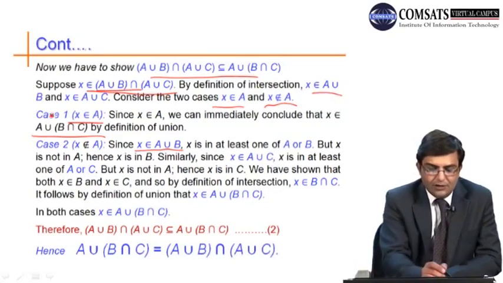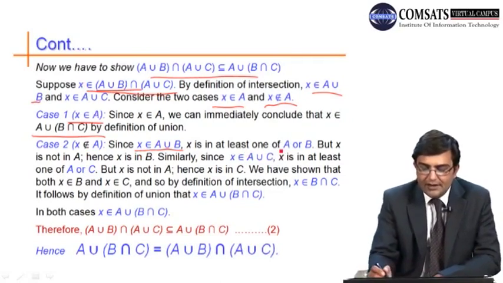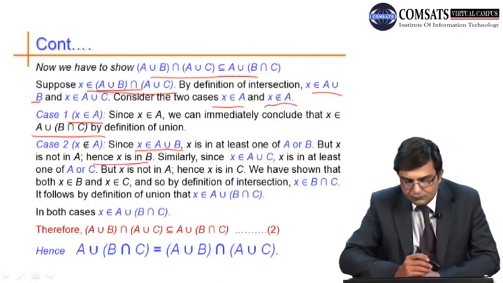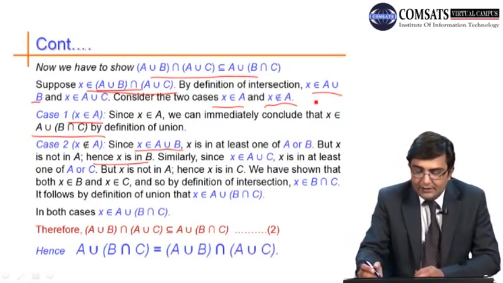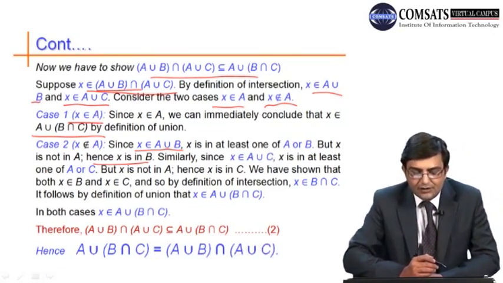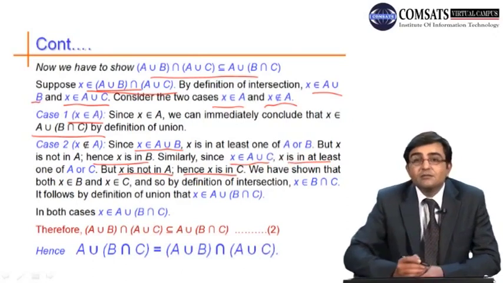So if X doesn't belong to A and X belongs to A union B, it means that X belongs to B. Similarly, X belongs to A union C. Since X belongs to A union C and X doesn't belong to A, this means that X belongs to C.